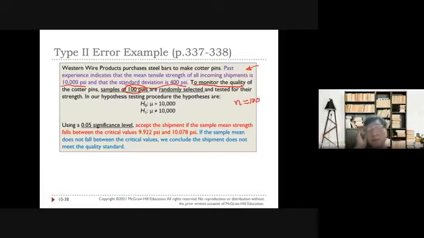The 100 samples are randomly selected and their strength tested. We measure X1, X2 up to X100. Our hypothesis: it satisfies 10,000 psi, which is most important, so it is good quality. Otherwise, it is poor quality.